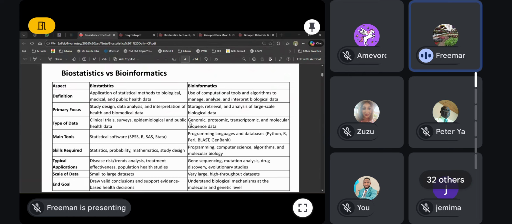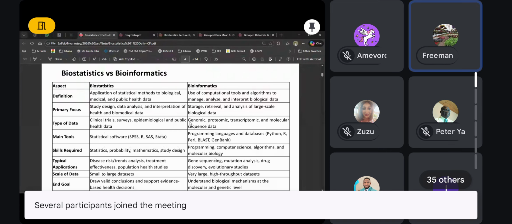What is bioinformatics? It's the use of computational tools and algorithms to manage, analyze, and interpret biological data. So this one focuses on biological data. This one is about medical, biological, and public health. Now focus.